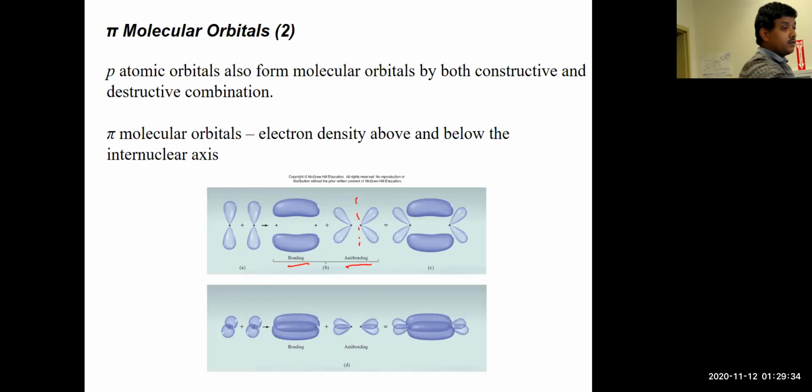Again, if you have a p orbital that is not perpendicular, not horizontal, but tilted, then you will have a bonding and antibonding just like the previous one. It is possible for any orbital to have bonding and antibonding orbitals.